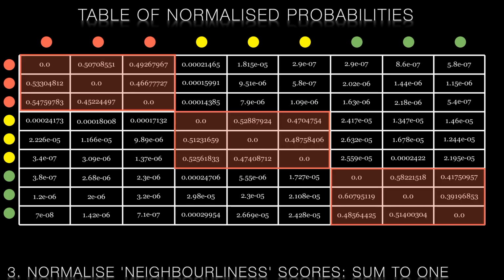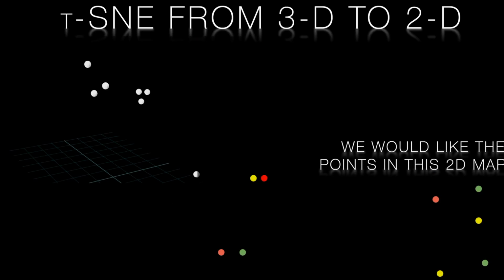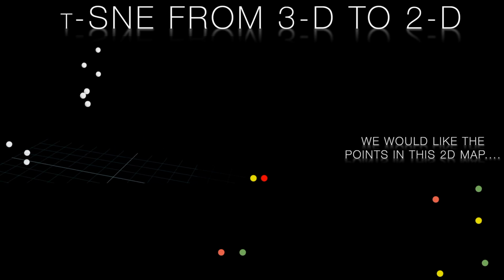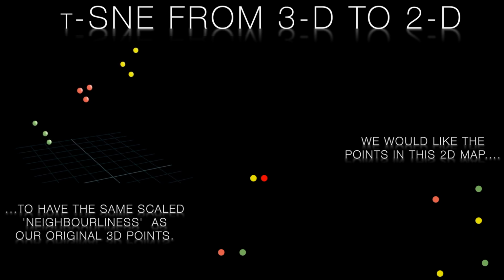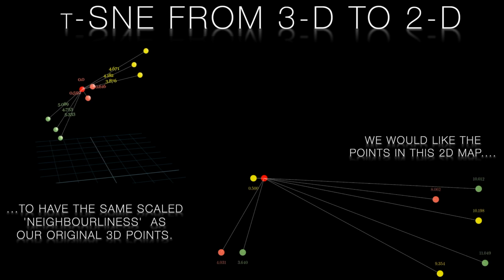For our lower dimensional visualisation, which we will from now on refer to as a map, we want to create a set of points that have the same scaled neighbourliness as our actual data in higher dimensions. t-SNE starts by randomly allocating points on a map, and we can calculate the pairwise distances in exactly the same way.